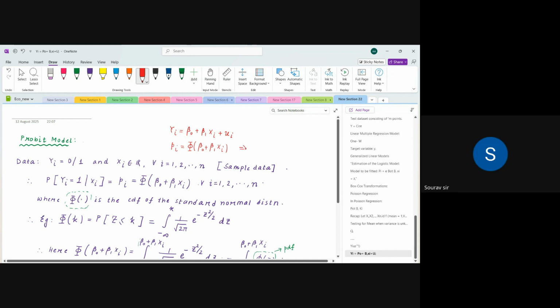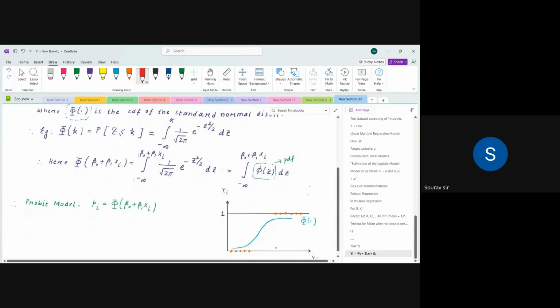In your slides, you will find this term used quite often, that this is known as the link function. I was telling you, it is not mandatory that you have to use logistic or the standard normal CDF. You can ideally use any function that ensures that it will always be bounded between 0 and 1. So the probability of the event occurring is cap phi of beta naught plus beta 1 x i.